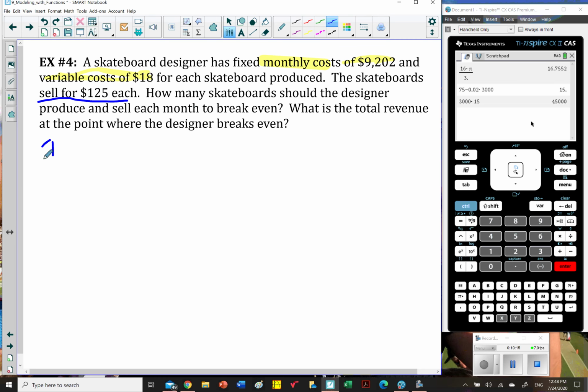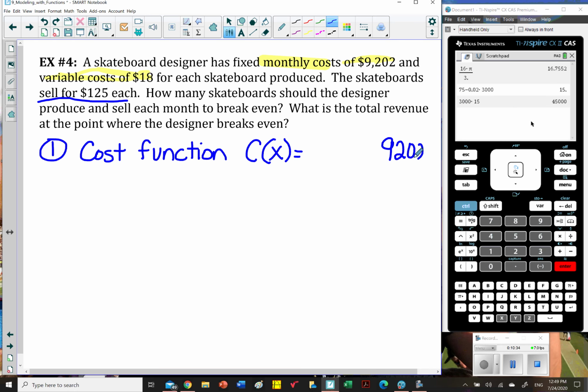So first of all, I'm going to think about what the cost function would look like. And the cost function, I'm going to call that cost of X skateboards. And if we have a monthly cost of $9,202, that's a fixed cost, so it doesn't change. But we have a variable cost based on the number of skateboards, so that would be 18 times the number of skateboards.